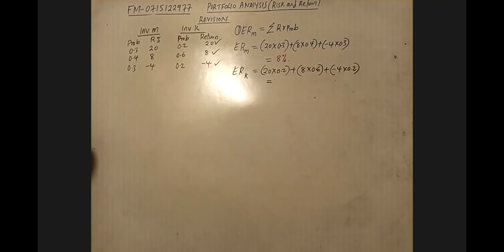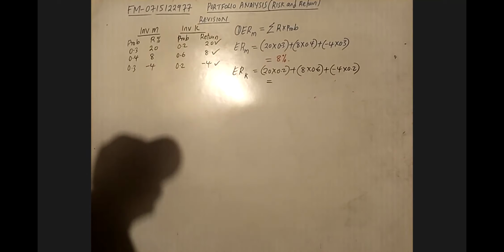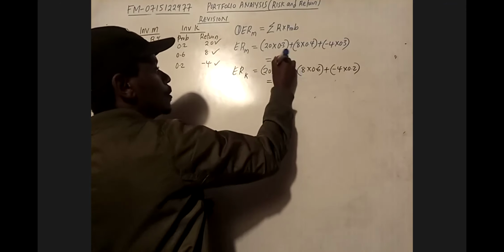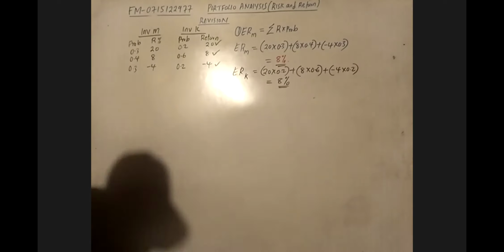What would be the answer? So 20 times 0.2 plus 8 times 0.6 plus minus 4 times 0.2. The answer is equal to 8. So they are similar. The return is the same, 8%.